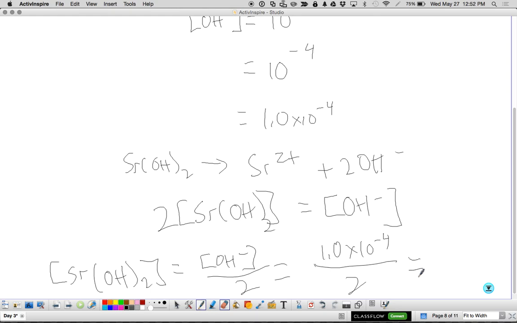So that's 0.5 × 10 to the minus 4, which is 5.0 × 10 to the minus 5. So this has to get bigger, which means this has to get smaller, so that's 10 to the minus 5.